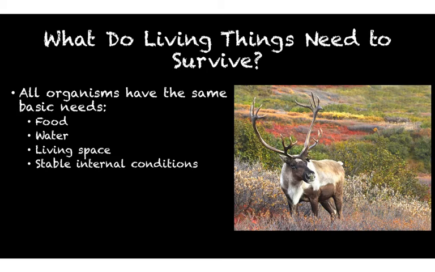We're going to look at each of these 4 things in a lot more detail in the next 4 slides. But I want you to keep in mind that these 4 things are what all living things on Earth need in order to survive.